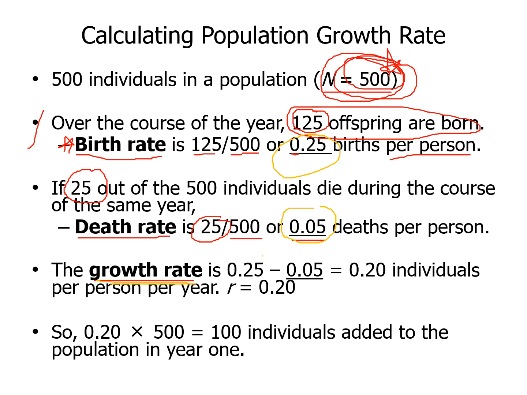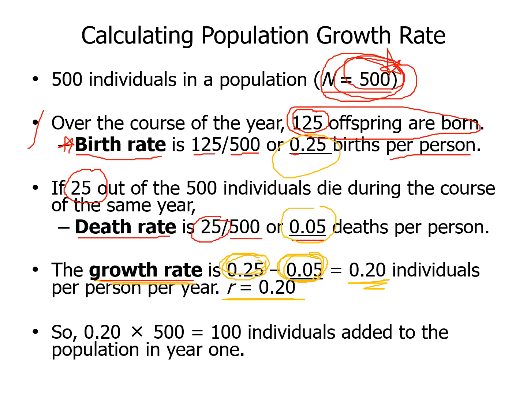So we're taking our birth rate, I apologize, our birth rate, minusing our death rate from it, and that's going to give us 0.20. So that gives us R. So R is going to be 0.20.